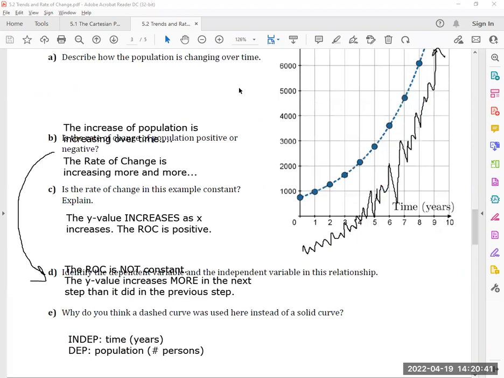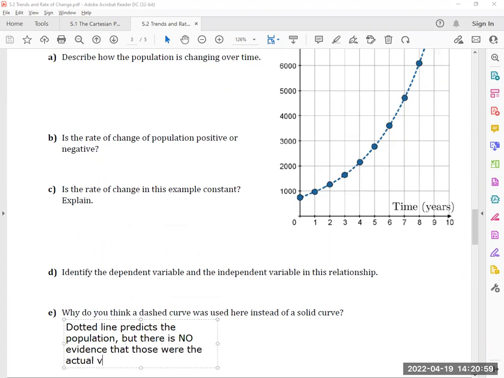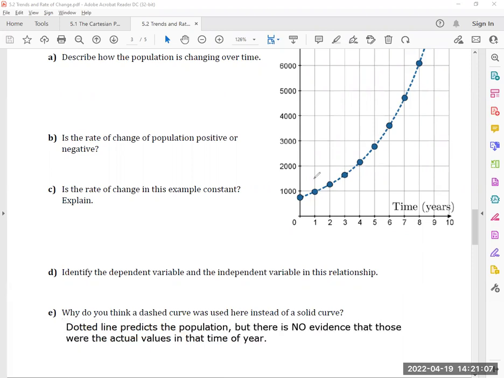So very quickly, I will finish this off and say, the dotted line predicts the population, but there is no evidence that those were the actual values in that time of year. Like for example, as I was saying, if the graph was actually up and down and then up, at year 4 and maybe 2 months, there was a sudden peak in population.